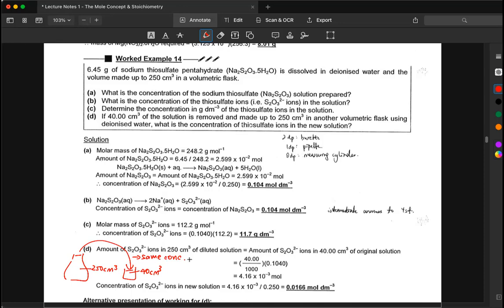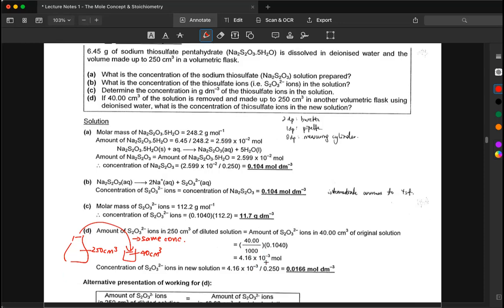So you take the concentration, multiply by the volume of the solution extracted, taken out. You get the mole. And then you take this, you divide by the volume to get a new concentration.